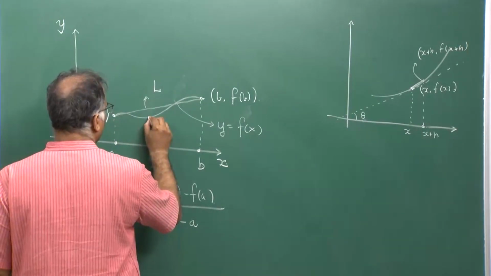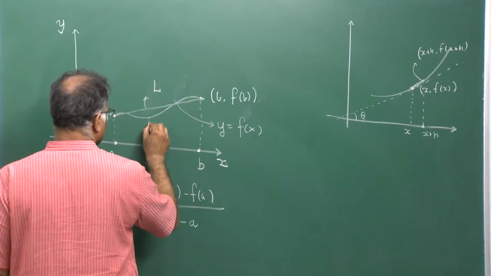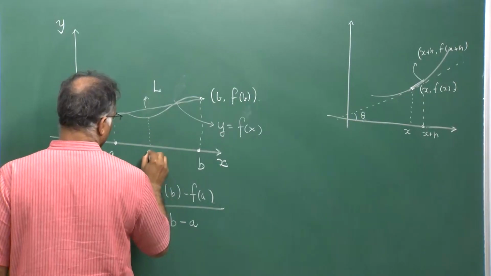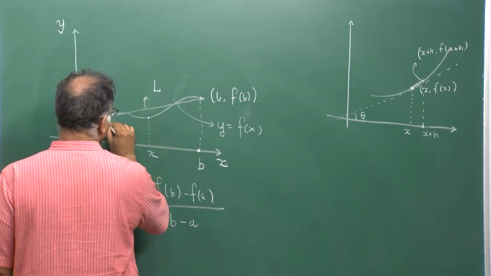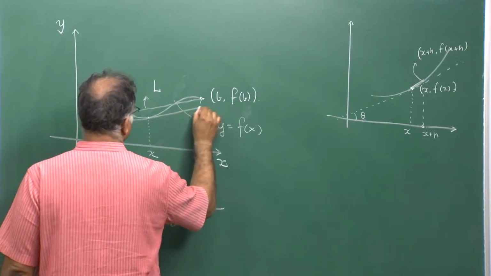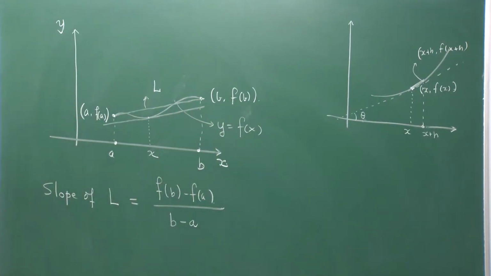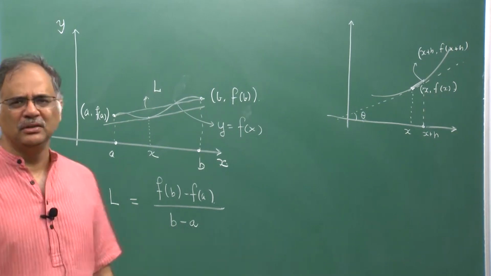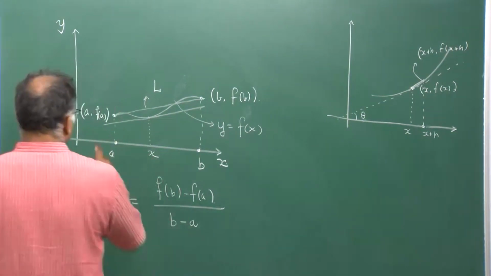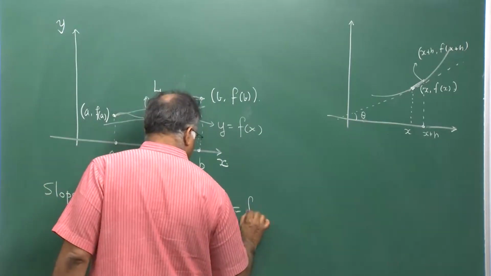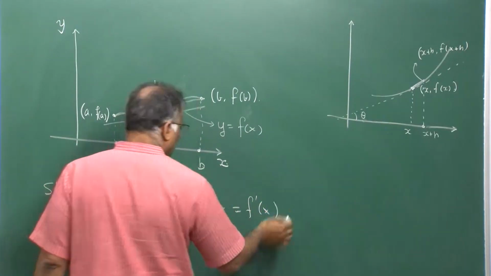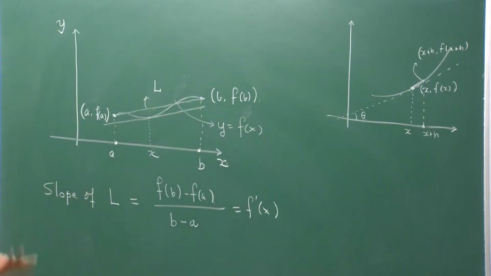Now I can always find an x in the interval (a, b) such that the tangent drawn at the point (x, f(x)) to the graph of f is exactly parallel to the line L, because the theorem says there exists an x such that this is equal to f dash of x, where x is some element in (a, b).